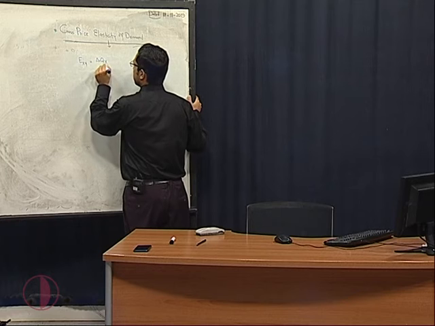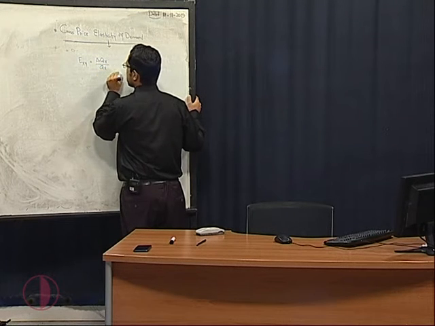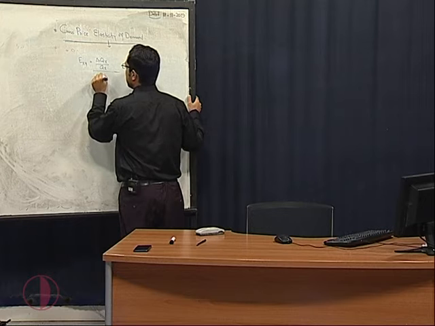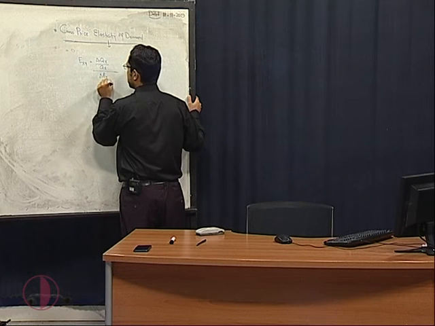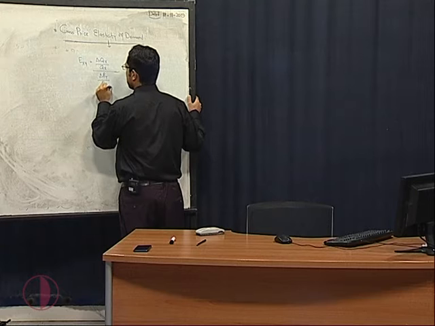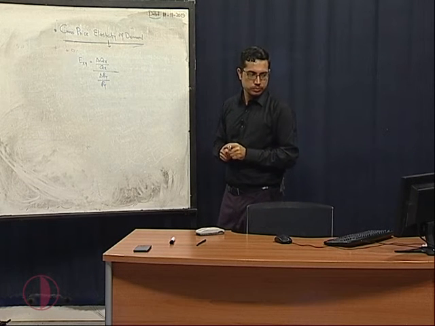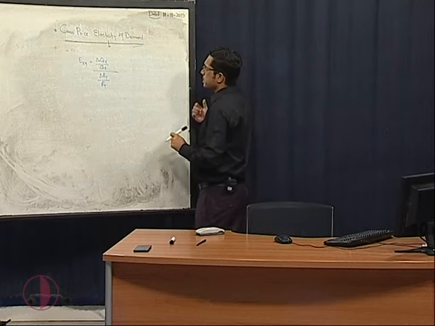E_XY equals change in Q of X divided by Q of X, whole divided by change in price of Y divided by price of Y. This is the basic formula.